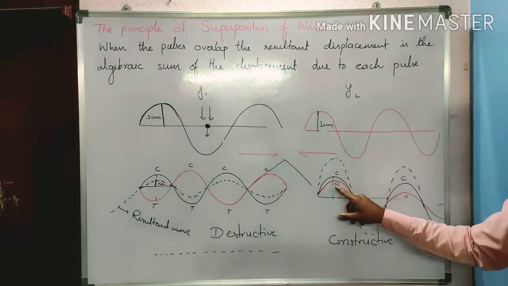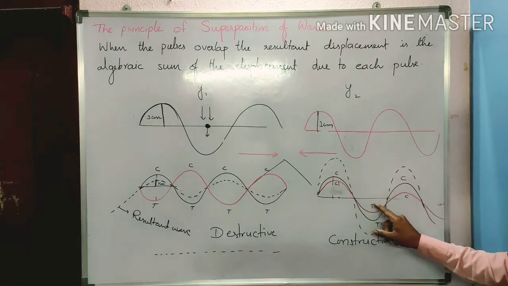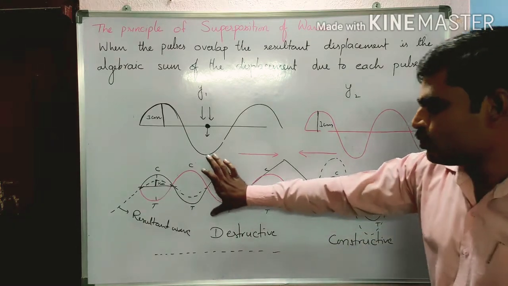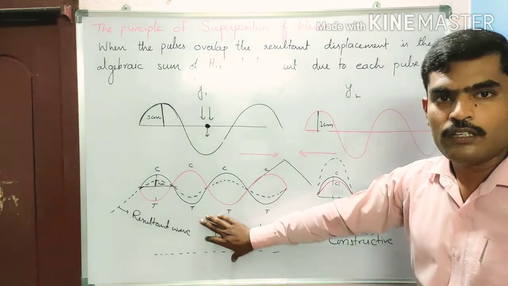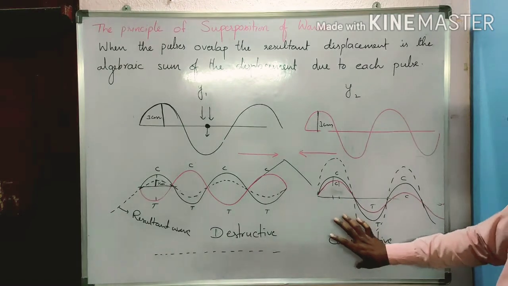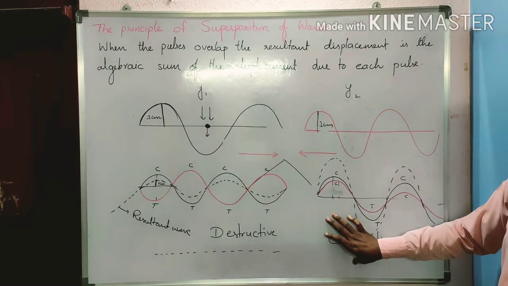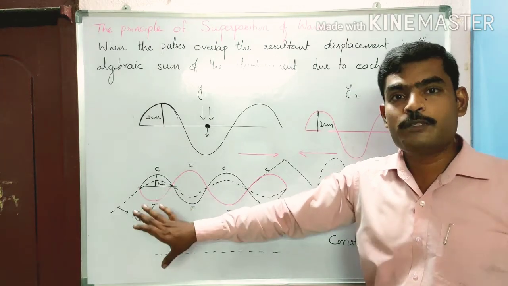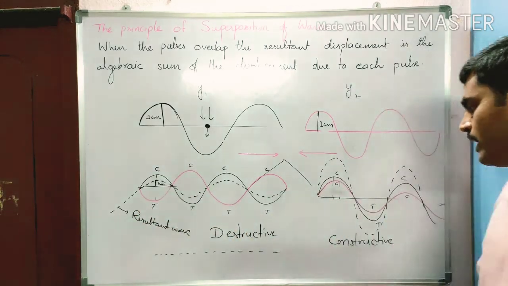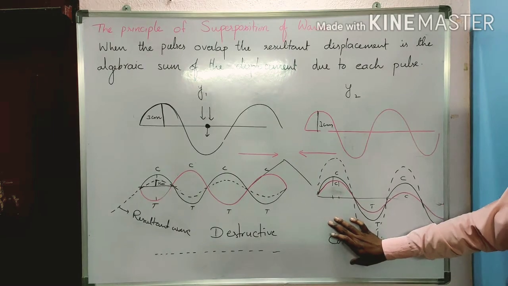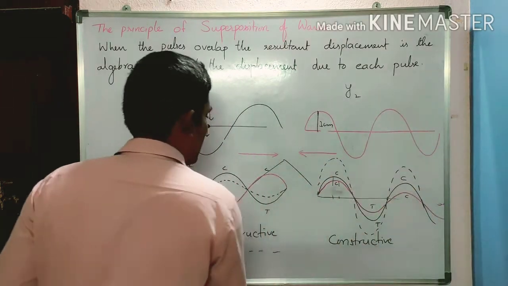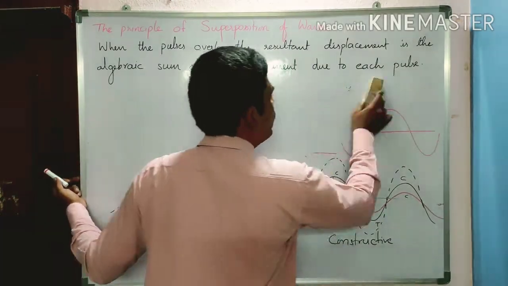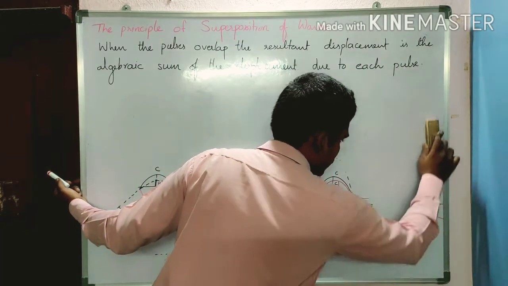Another one is crest overlapping on the crest, or trough overlapping on the trough. This kind is called destructive superposition or interference. And this is called constructive superposition. In destructive superposition, resultant displacement or amplitude is minimum. In constructive interference or superposition, amplitude is maximum. Right? Let us give some mathematical approach to this one.